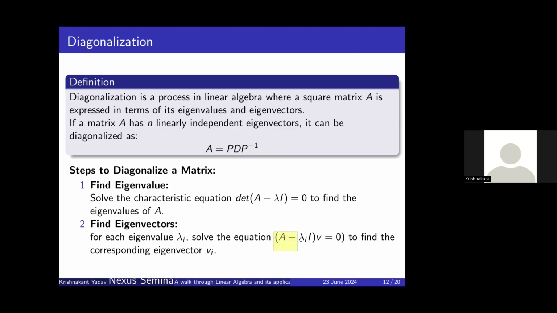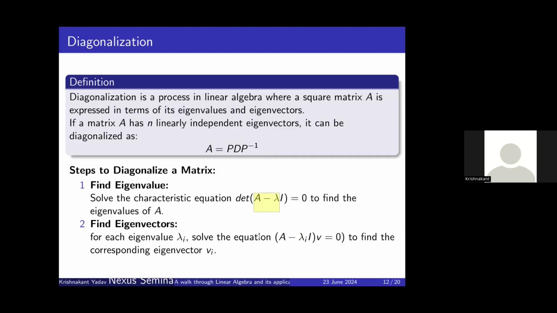If we subtract lambda, that's the equation, and putting that equal to 0, we can get the corresponding eigenvector V with respect to lambda.